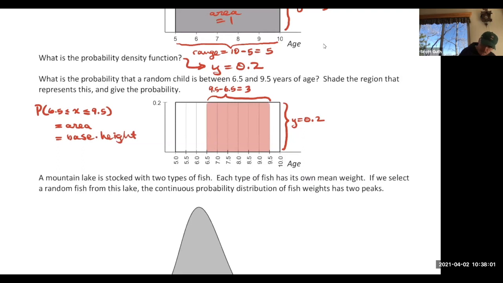The base is 3. The height is 0.2. So that's 0.6, which you can call 0.60 if you like, which is 60%, no rounding there. So it's okay to write that with 2 significant figures or 1.